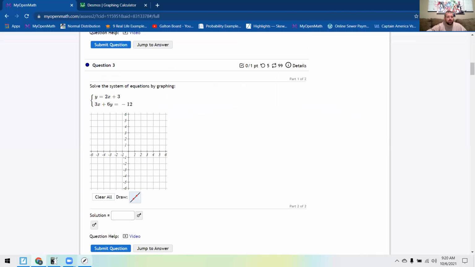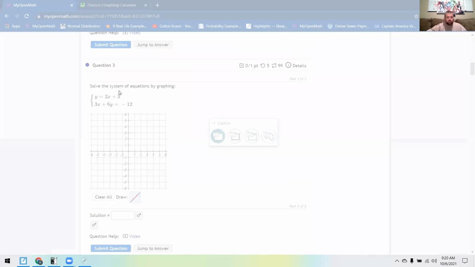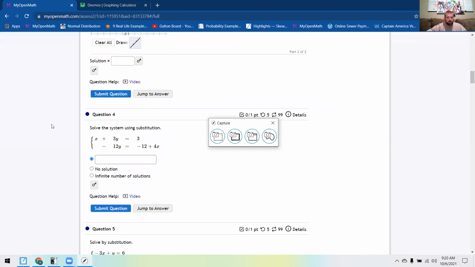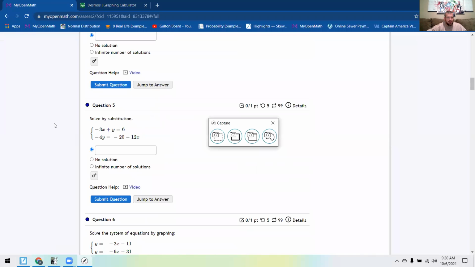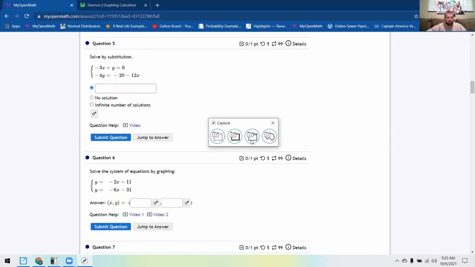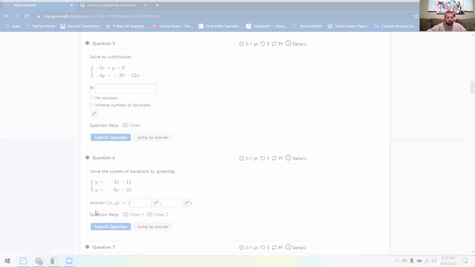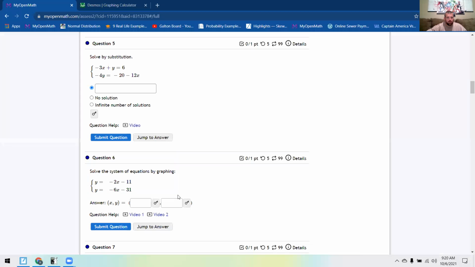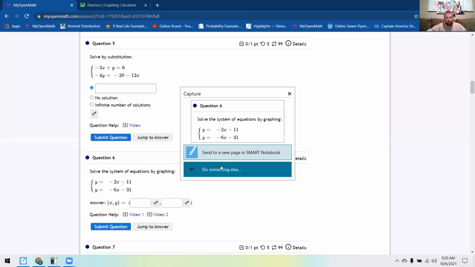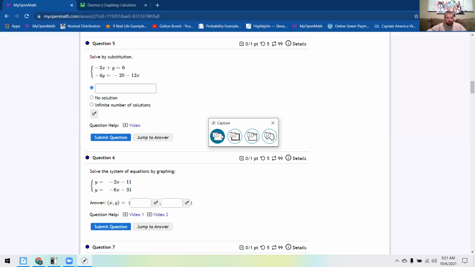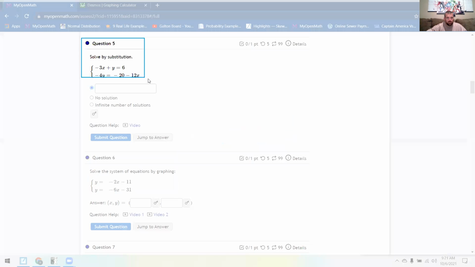So let's do this one. Oh no, we started that. Let me do a different one. Okay. Current page, we'll do this one too.